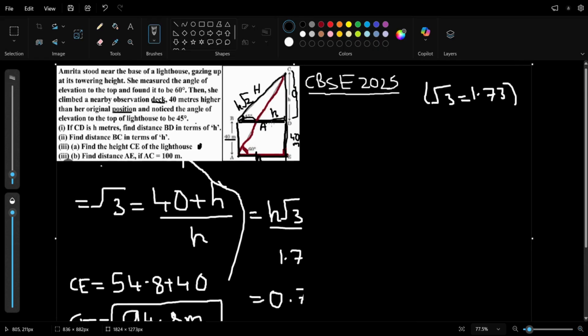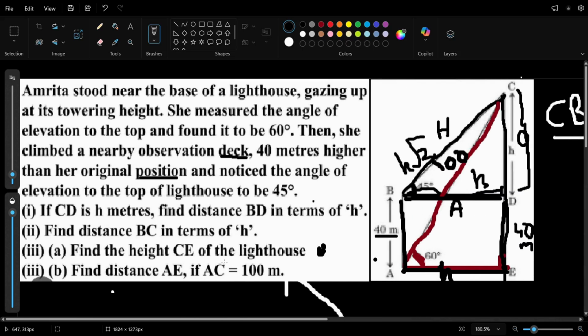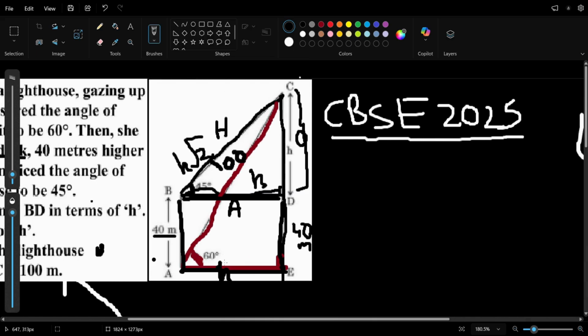What is AC? This big hypotenuse of the big triangle. This entire thing is 100. If this is 100, they're not asking us to find AC. They're asking we're supposed to find AE. So basically, supposed to find the value of this if this big hypotenuse is AC.